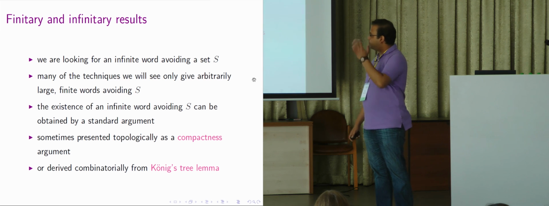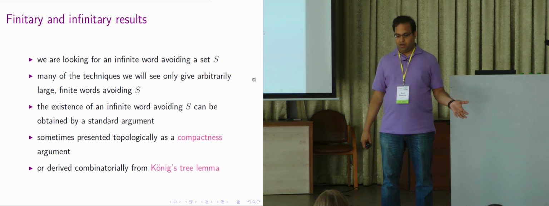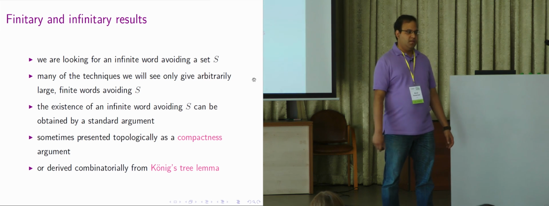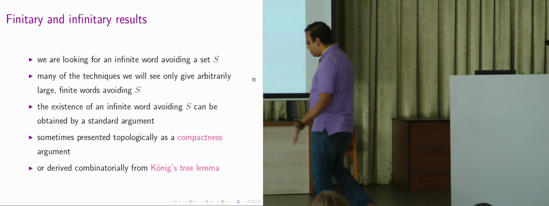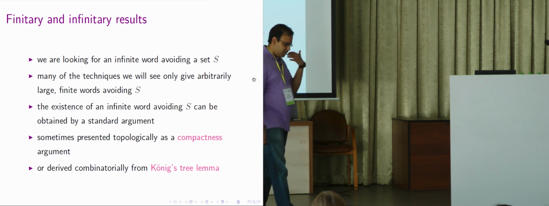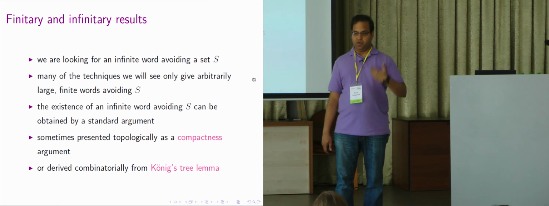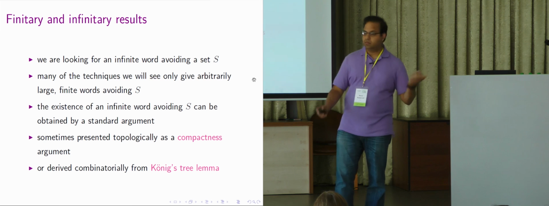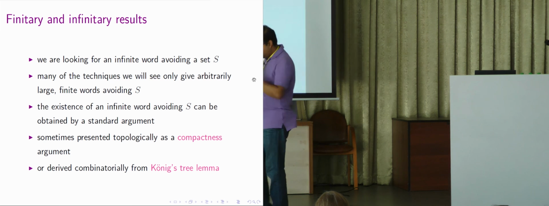Again, the general problem. We have some collection of words S that we are trying to avoid. We would like to know, does there exist an infinite word over some finite alphabet that avoids this set S? This set S could be squares, abelian squares, cubes or whatever we like.